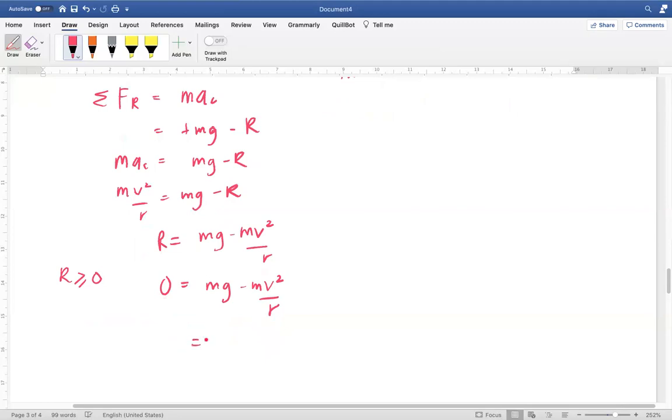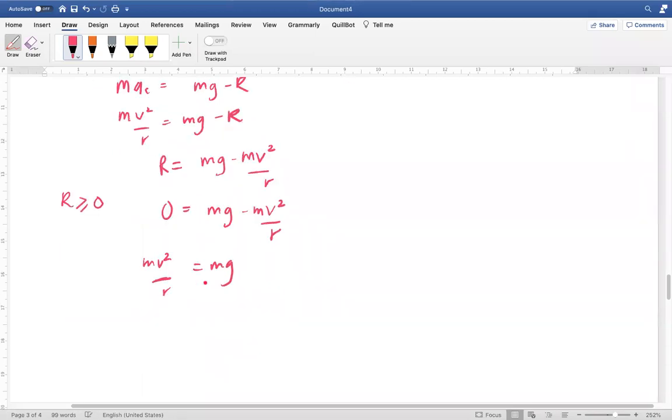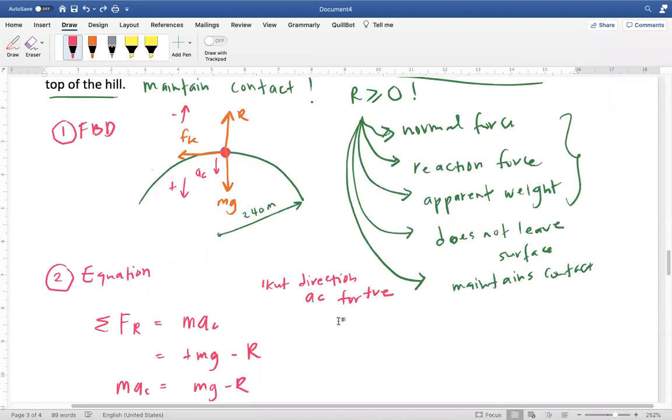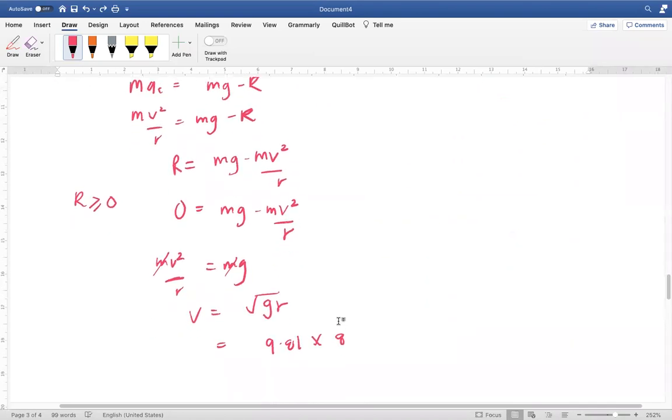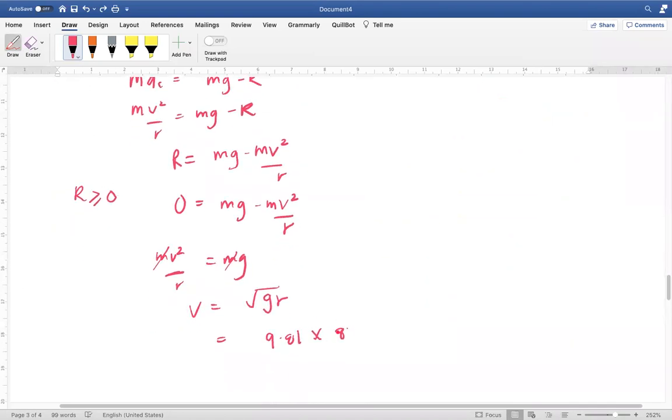Okay. So now I can find for my speed, which is mv squared over r equals to mg. So ini just math je lah. So square root of g times r is your maximum speed, which is 9.81 times radius, which is 240. 240 kan? 240.